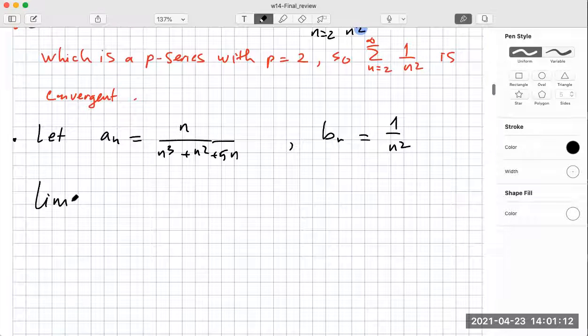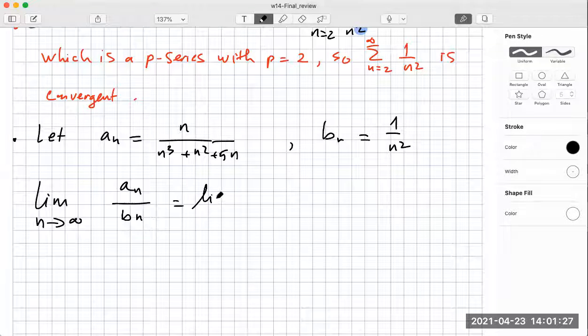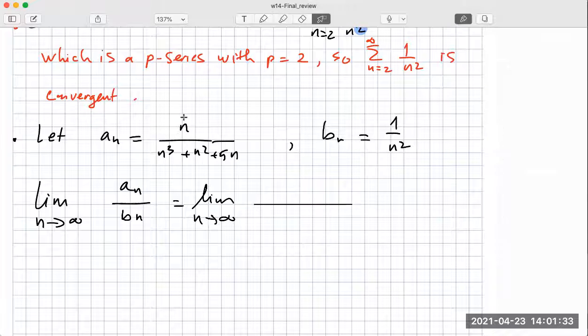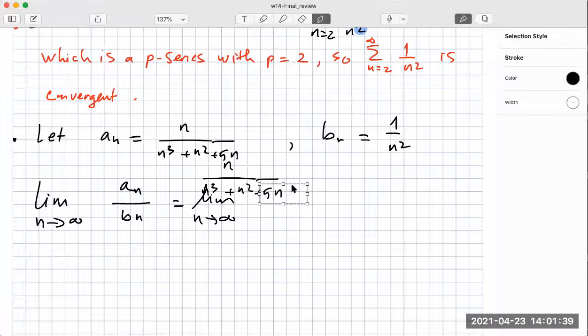In the limit comparison test, we have to find the limit as n goes to infinity of a_n over b_n, which is the limit as n goes to infinity of this expression.